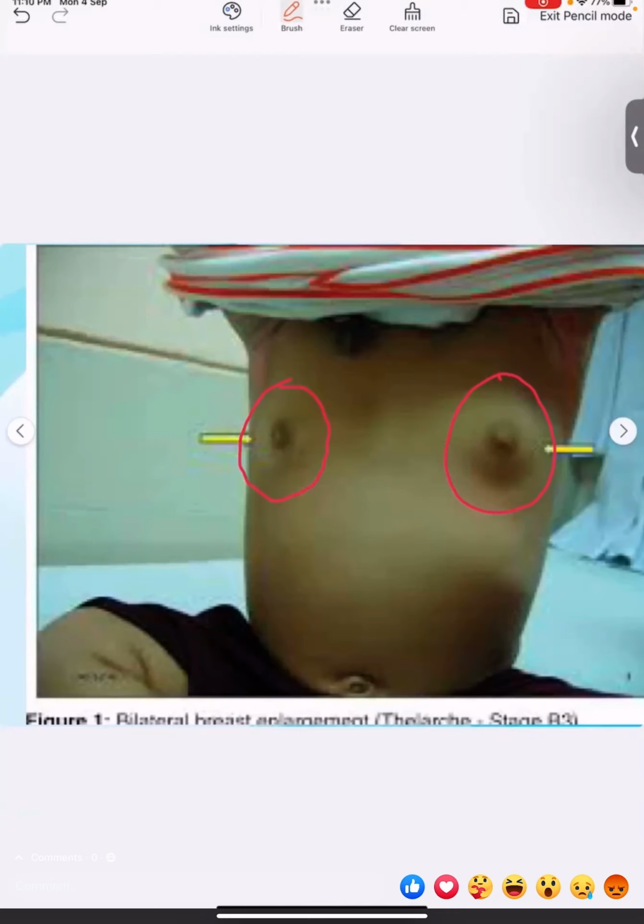Premature thelarche may be unilateral or bilateral, and it may be present since birth. Here comes this point.